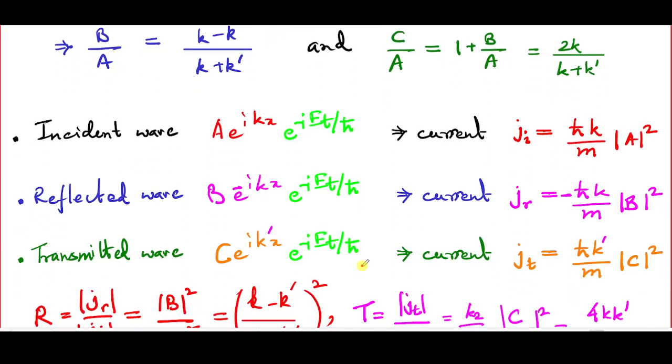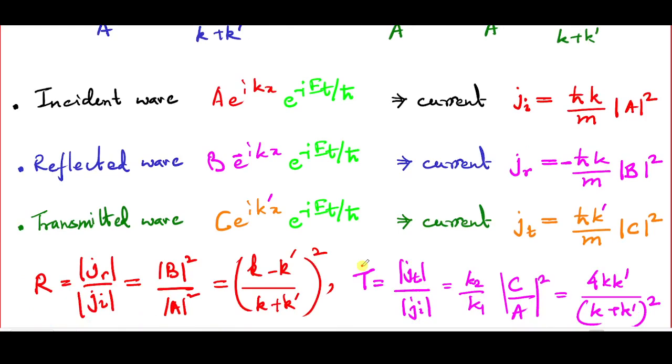So, as the textbooks tell us, to find the reflection coefficient, which is essentially the probability that a particular particle is going to be reflected by the step, you have to divide Jr's magnitude by Ji. The negative sign in Jr simply shows that it's moving to the left. You get mod b by mod a whole squared, the h cross k by m cancels, and you're left with (k minus k prime) by (k plus k prime) whole squared.